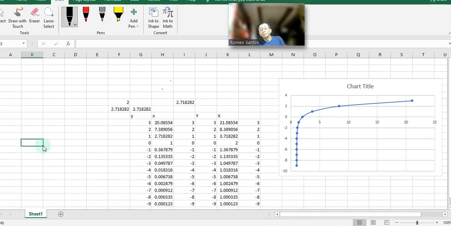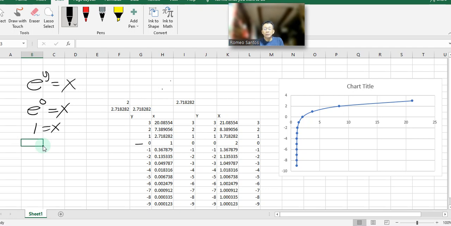When y is 0, x equals 1. That is, e^y is equal to x, e^0 is equal to x, and a number raised to 0 is equal to 1. So, therefore, x equals 1.